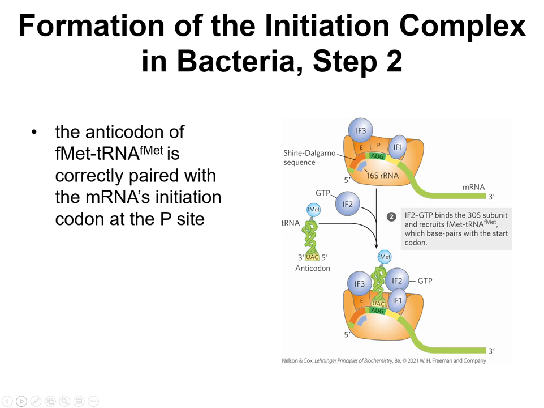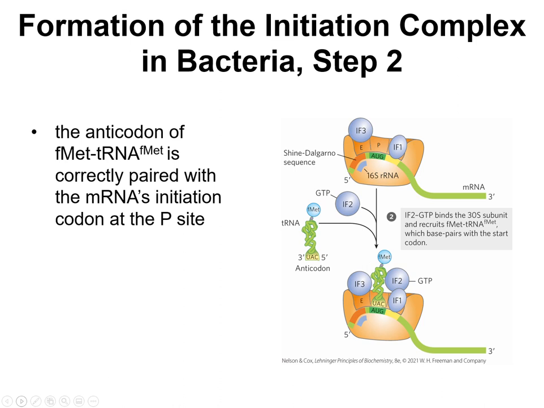So let's get back to forming that initiation complex. We've got the anticodon of the fMet tRNA that's charged, and it's correctly paired with the initiation codon at the P site. So IF3 and IF1 are blocking the E site and the A site respectively.